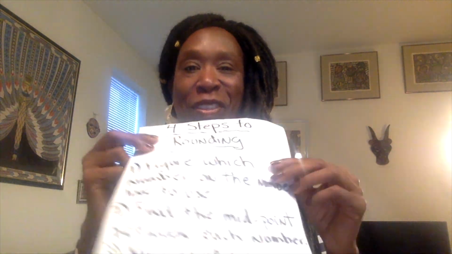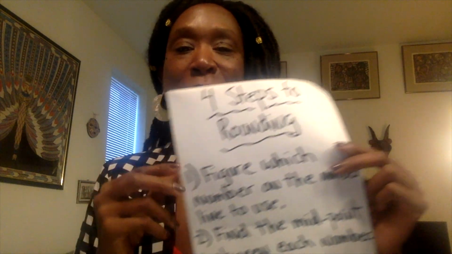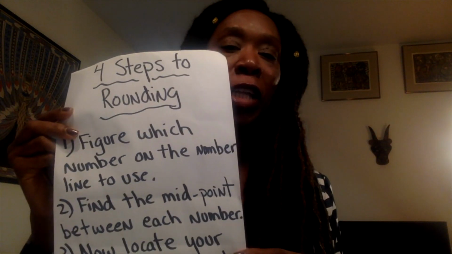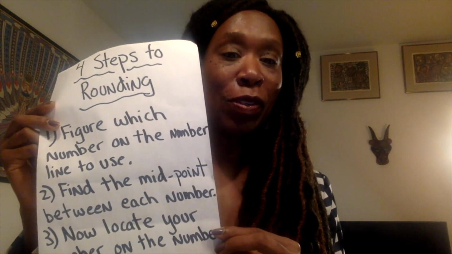Are you ready to move on? So I always want you to take notes. So for example, I want you to just stop and listen and look. Okay? There are 4 steps to rounding. First step, figure which number on the number line to use.